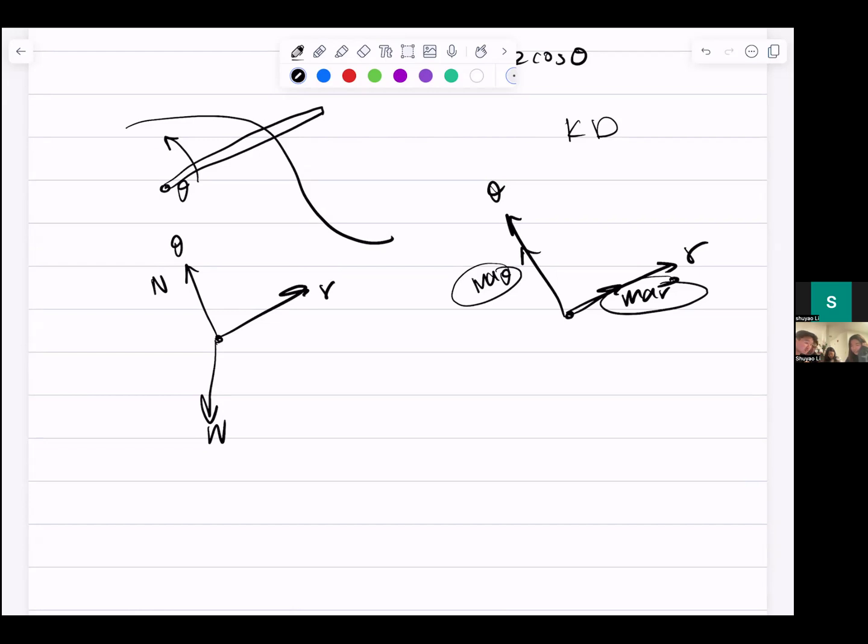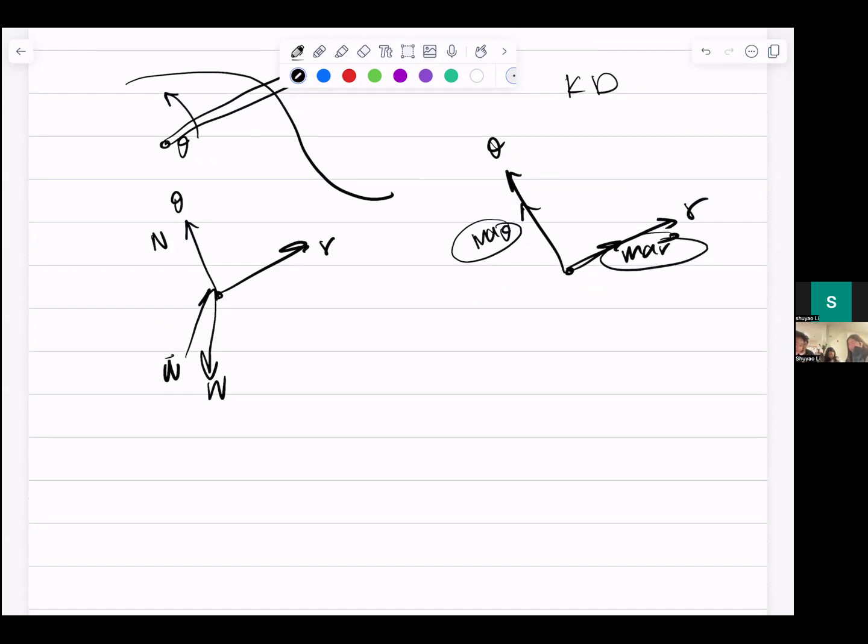So this is again normal, I think that's the normal to the surface. Yeah, that would be a component. Okay, so there's also a normal force.